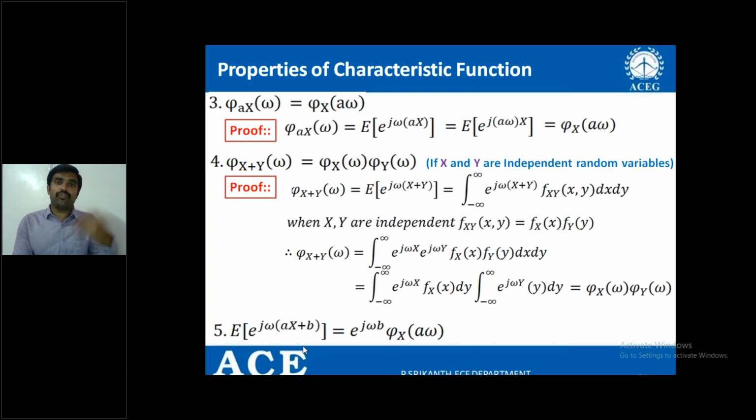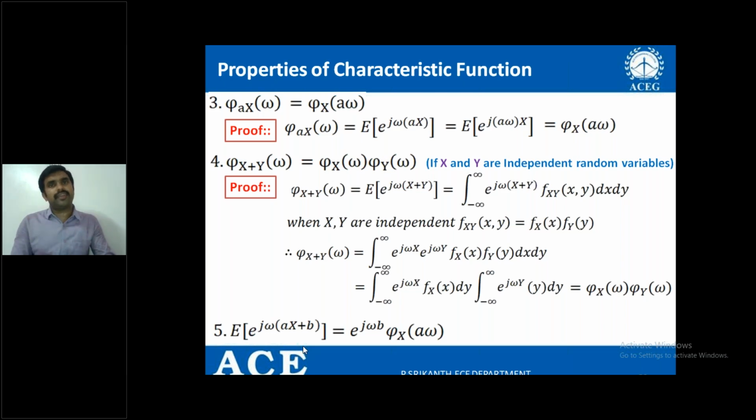Already we have proved that the expectation of e power j omega ax is nothing but pi x of a omega. That is the third property. The only term left over here is e power j omega b. Since it is a constant with respect to x, you just keep it outside. Therefore, that relation will be e power j omega b into pi x of a omega, right?